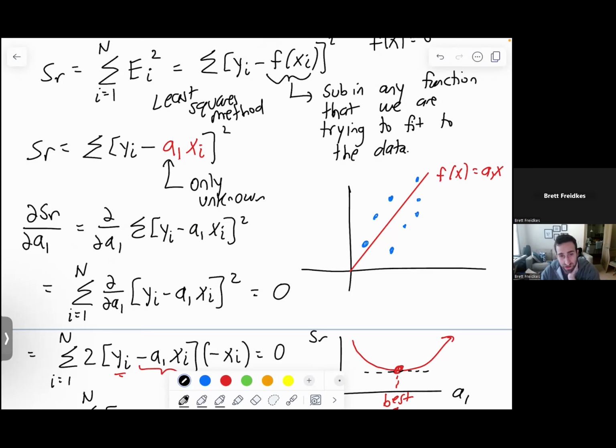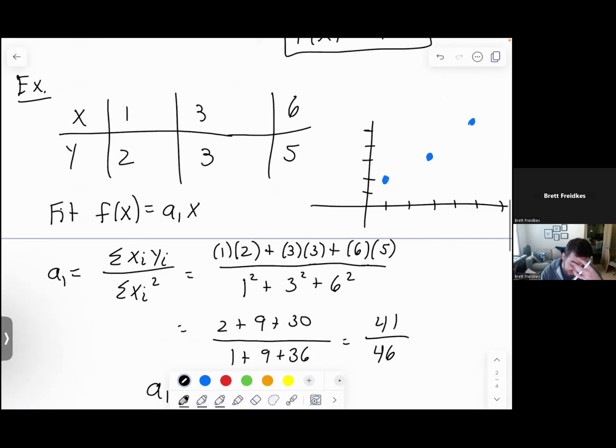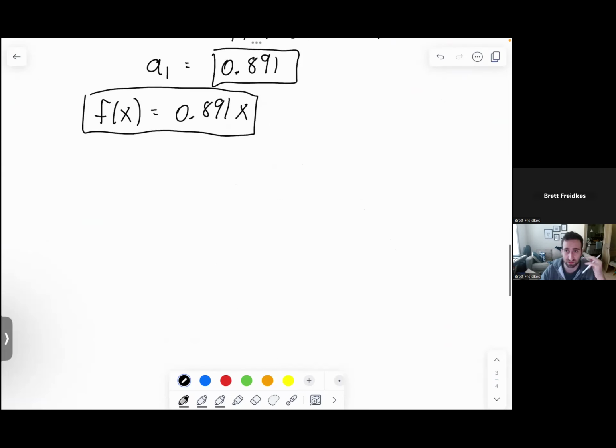We'll subtract it from y sub i, square it, and then take the partial derivative with respect to any unknowns. If we have two unknowns, I'll have to take the partial derivative twice. That'll lead to two equations with two unknowns that we can solve for. But that's the idea. I hope that this makes sense. Please let me know if it doesn't. Thanks.